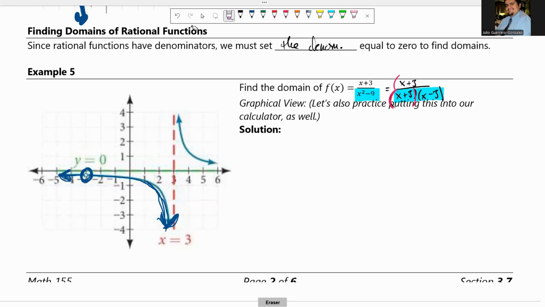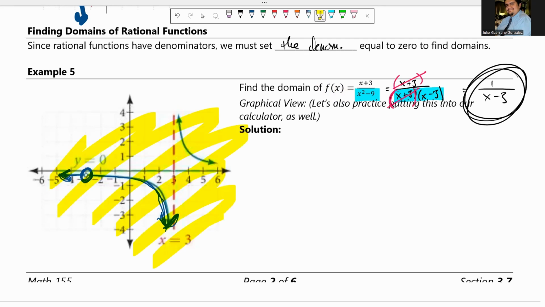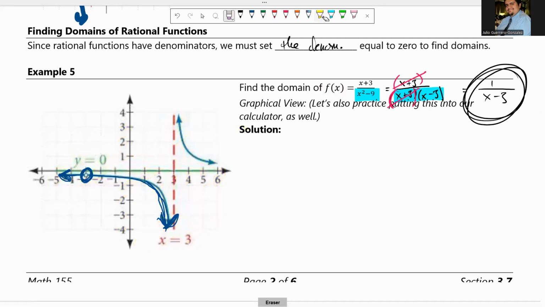That cancels that, and all we get left with is this: 1 over x minus 3. This right here is this graph right here. However, because we had that x plus 3 cancel away, it got left with a hole.